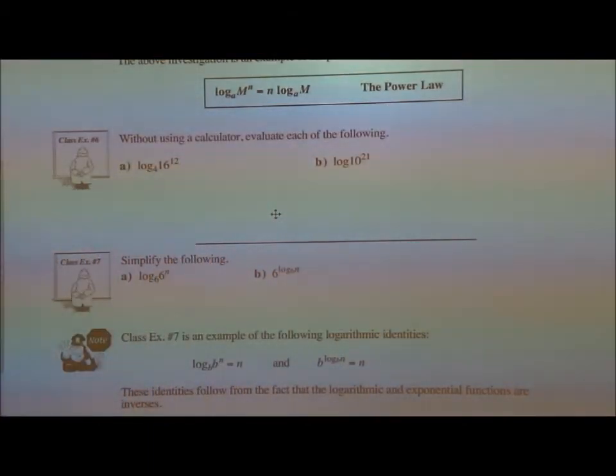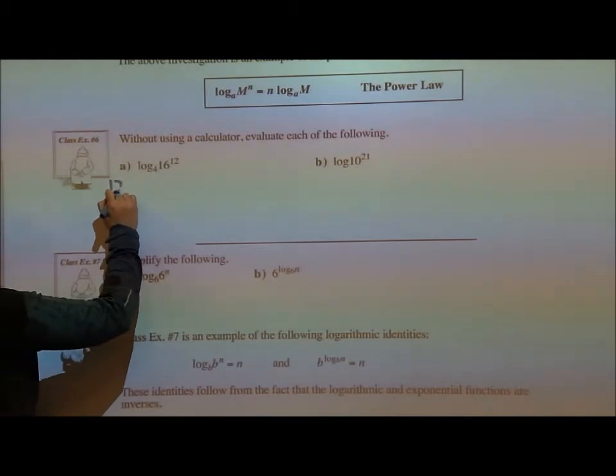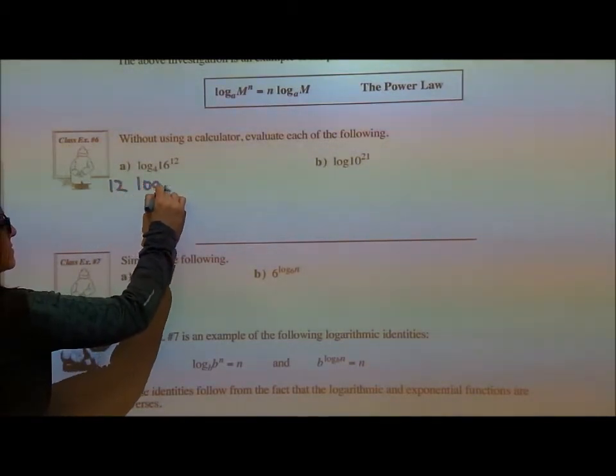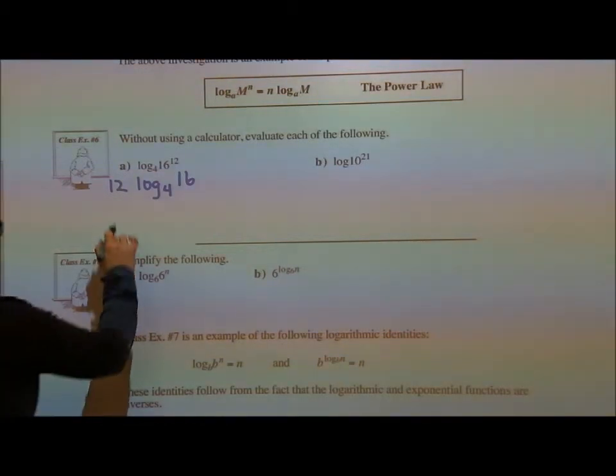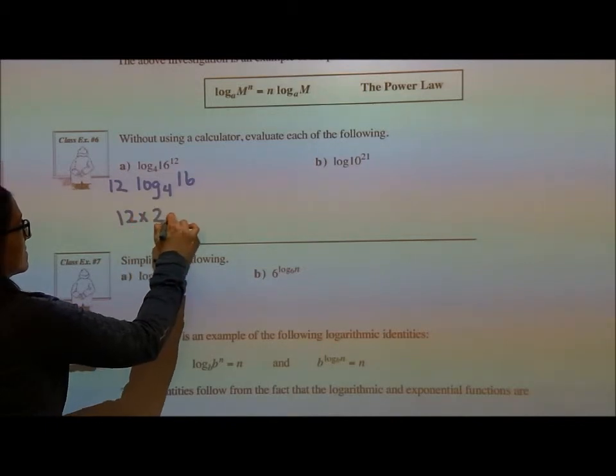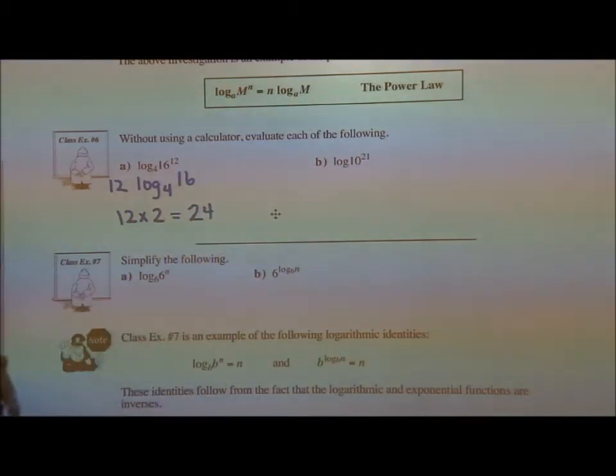But what I can do is bring that 12 out in front, and now I have 12 times log base 4 of 16. What is log base 4 of 16? 2. So now I have 12 times 2, which is a lot easier than expanding it out.